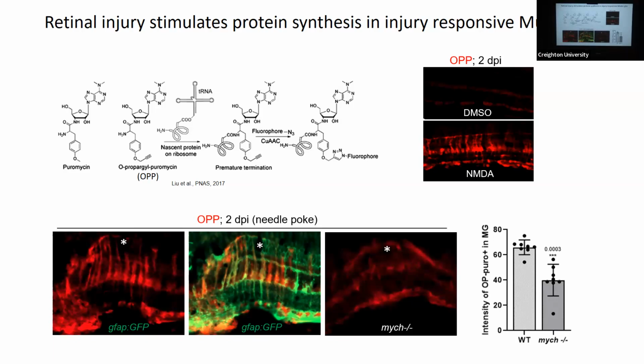None of the MYC stuff has been published yet. There's all sort of pseudo preliminary data. We hope to get it done over the next year. Importantly, though, we looked at the MYC-H mutant, and it's certainly reduced in the amount of translation taking place. So these MYC genes are really important for translation.